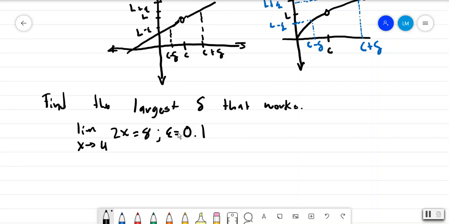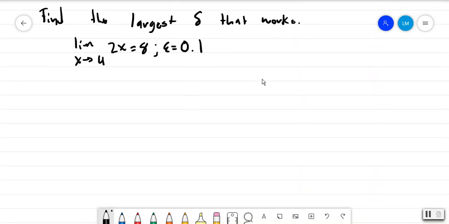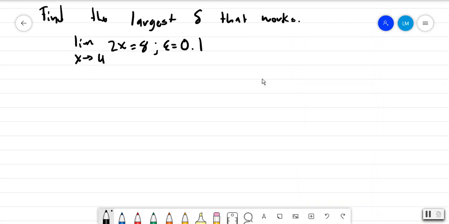So this is more or less a glorified college algebra problem, because we're just trying to see how close we can get to 8.1. This is actually similar to the one that we just did. The only difference is the numbers, obviously. So we have that the absolute value of 2x minus 8 is less than 0.1.